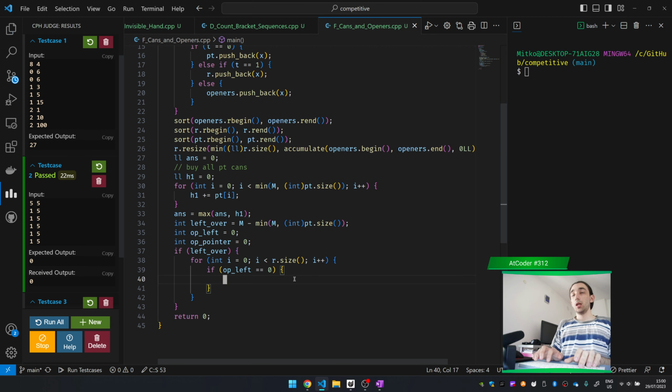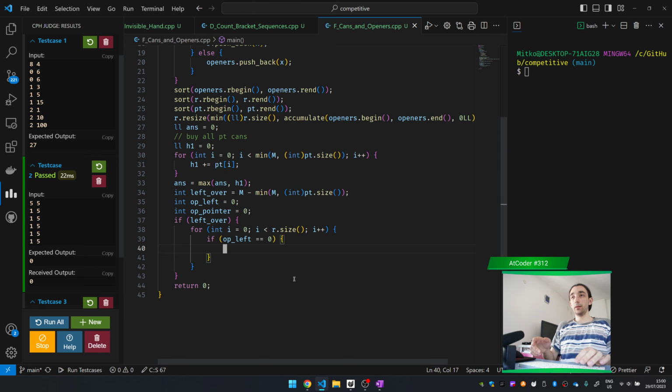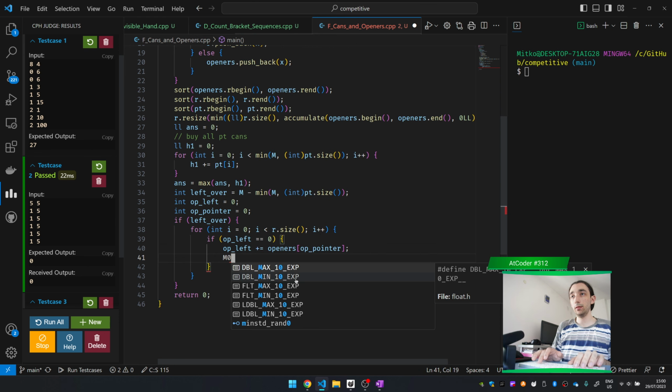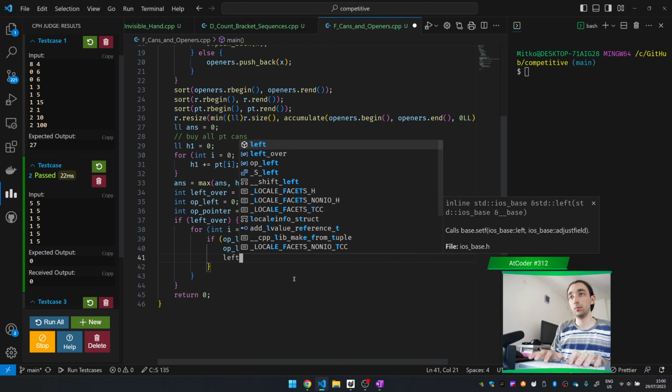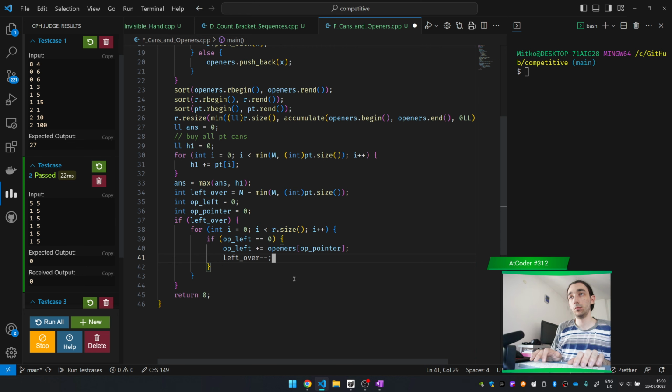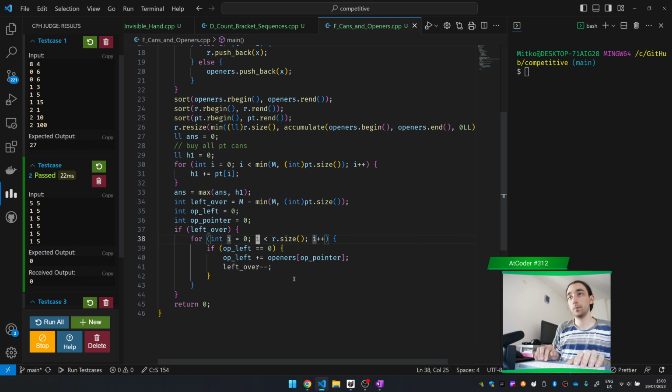Okay. So opener left is the opener, and then if it's leftover, and there's no opener, then I need openers at op pointers. So I get opener, but I get leftover minus minus.